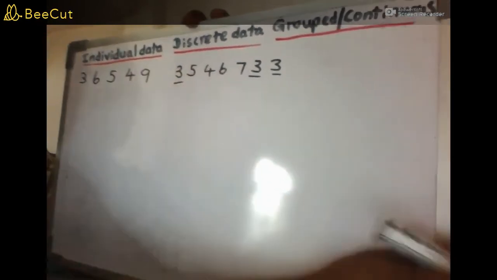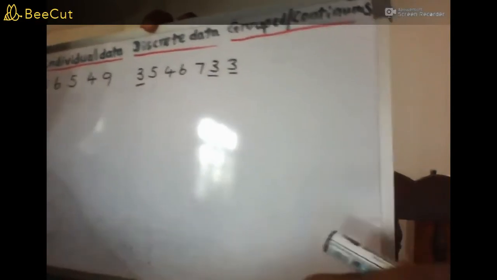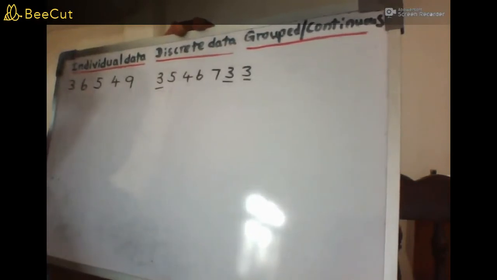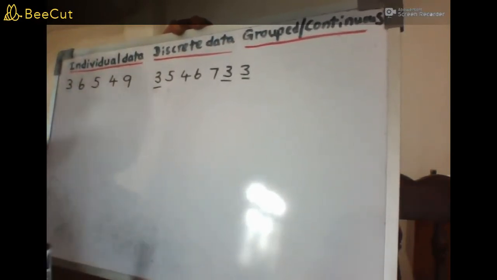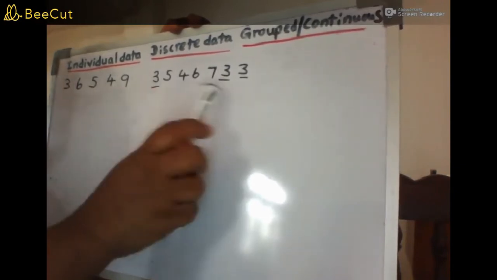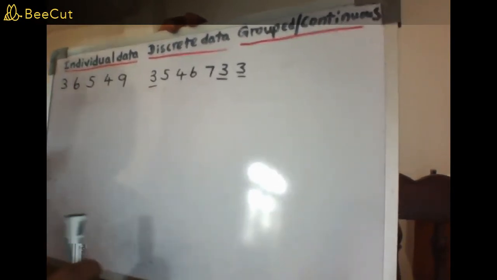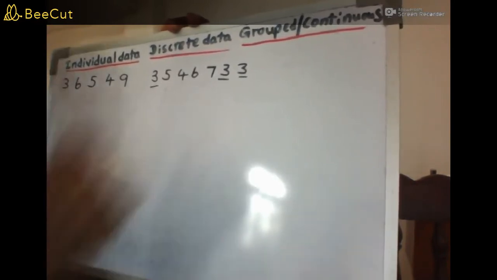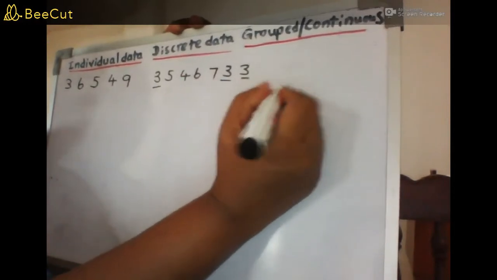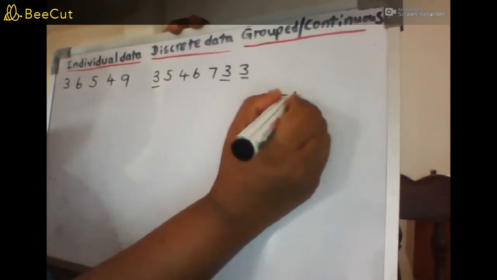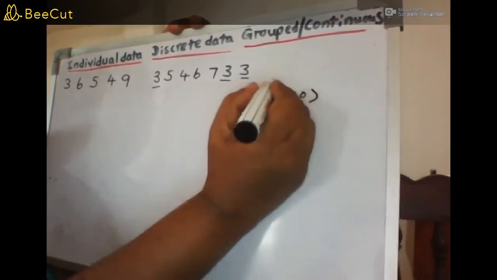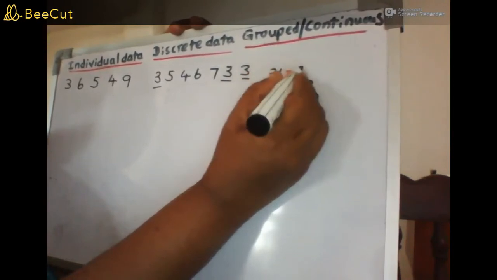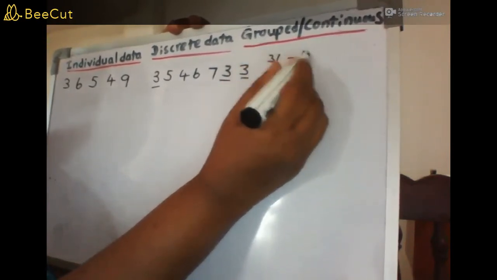Now grouped data, continuous data, means: when we have discrete data, say 50 students, 100 students, 500 students, can we write the data like this? We can, but it's not practical. So what we have to do is group them. Can you remember grouping, class size and all? I'm not going to do them now. For example 1 to 10, then 11 to 20, 21 to 30, 31 to 40.